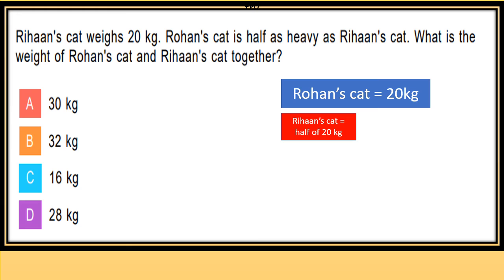So suppose Rihan's cat is shown by the blue rectangle which is 20 kg and Rohan's cat is shown by the red rectangle which is half of 20 kg. Now what will be the total weight, that is Rohan's cat plus Rihan's cat together?